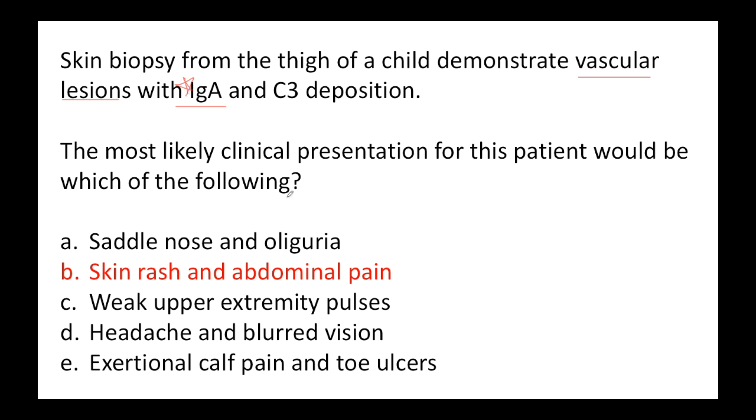And like I mentioned before, the triad for Henoch-Schönlein purpura includes the palpable purpura on the butt and legs, as well as abdominal pain, and does anyone remember the third one? Arthralgias? Yeah, arthralgias. I'll just add that there. Cool.